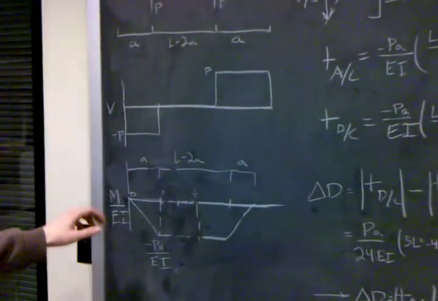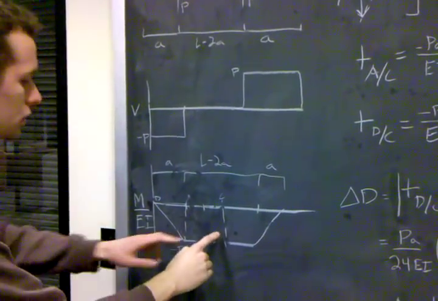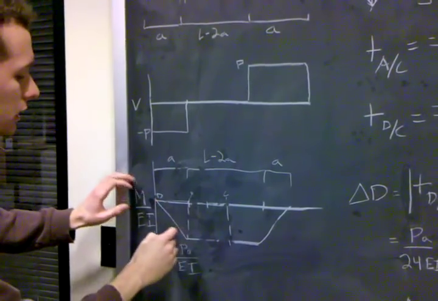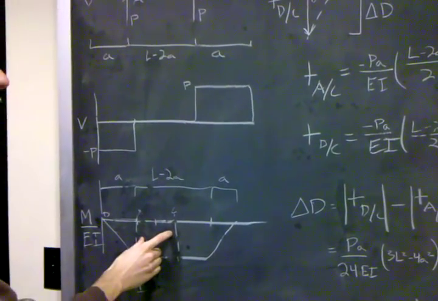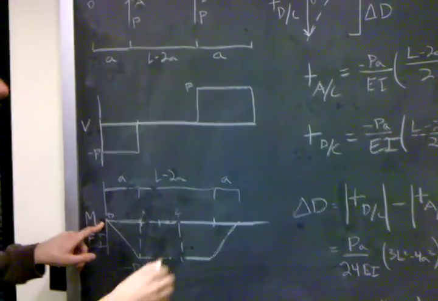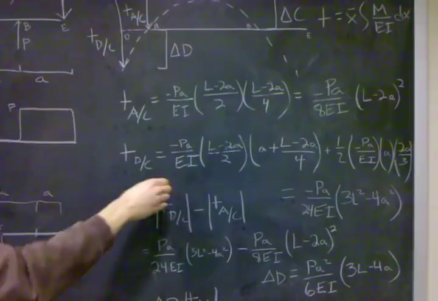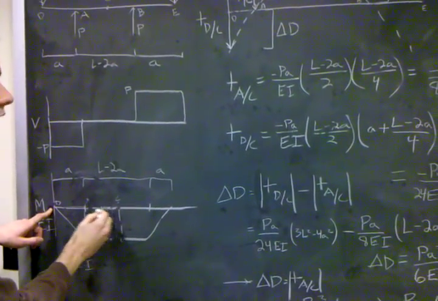Doing the same thing for TDC, we're going to have not only the area of this square right here, but we also have to analyze the area of this triangle right here. So our first term is looking at the square with respect to D. So the area is going to be the same: negative PA over EI times L minus 2A divided by 2.